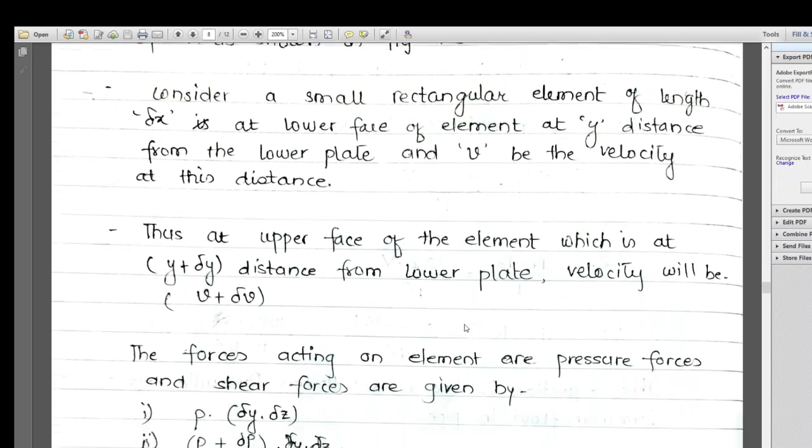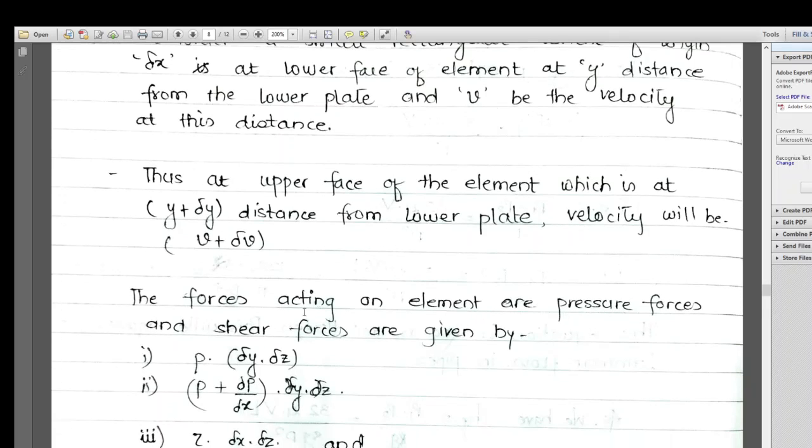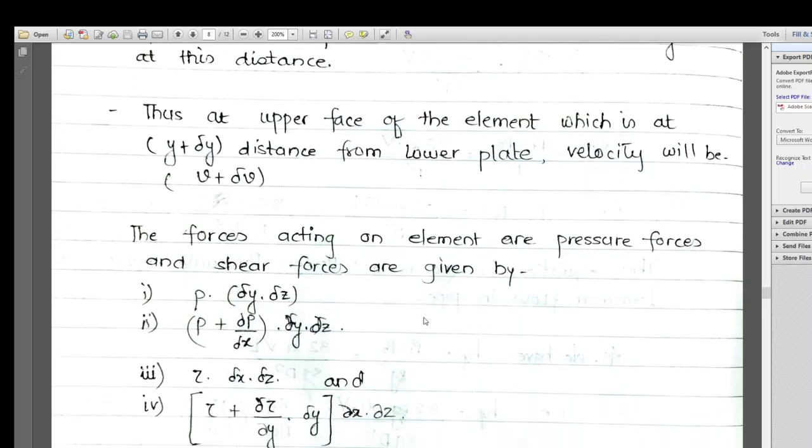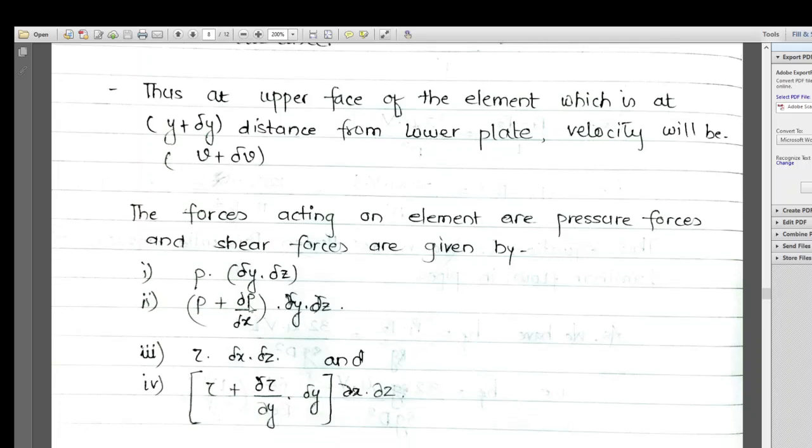Now the forces acting on this element are pressure forces and shear forces. These forces are given by these expressions: p into delta y into delta z, p plus delta p by delta x into delta y into delta z, tau into delta x into delta z, and tau plus delta tau by dy into delta y into delta x into delta z.